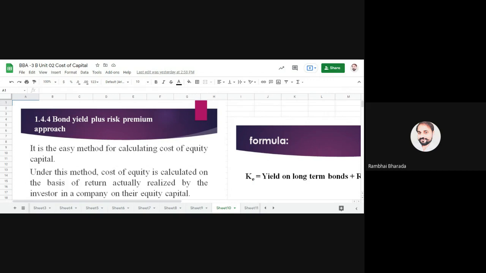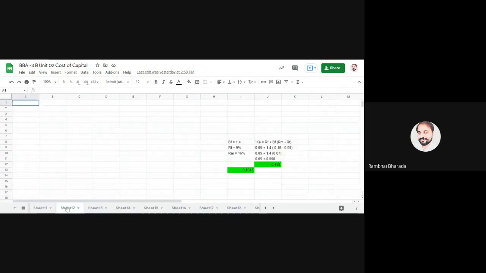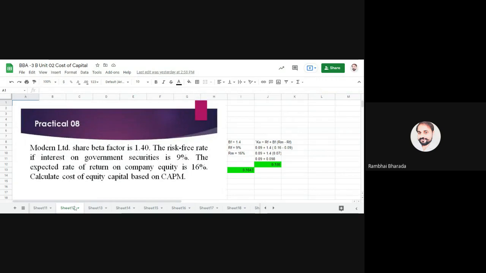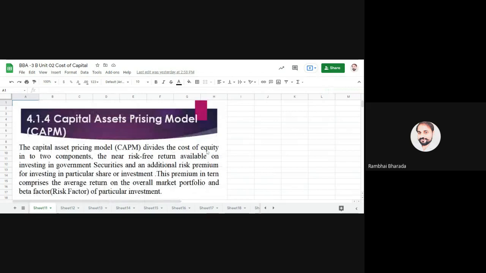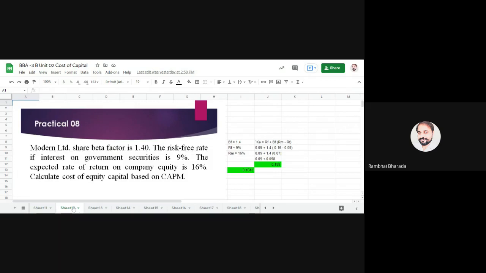And the last one, number 5, is CAPM. CAPM stands for Capital Assets Pricing Model. And what is the formula? RF plus BF in bracket RM minus RF.